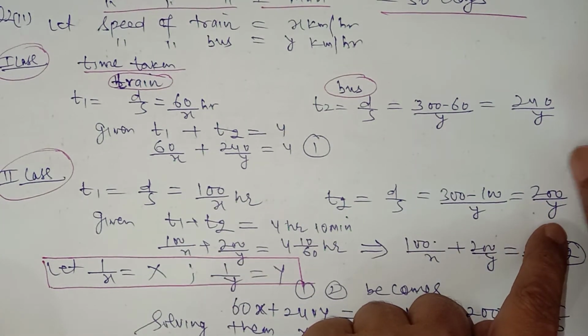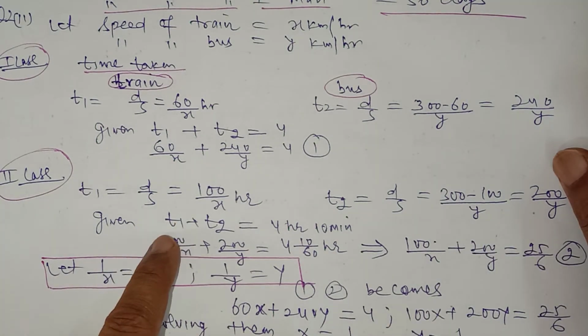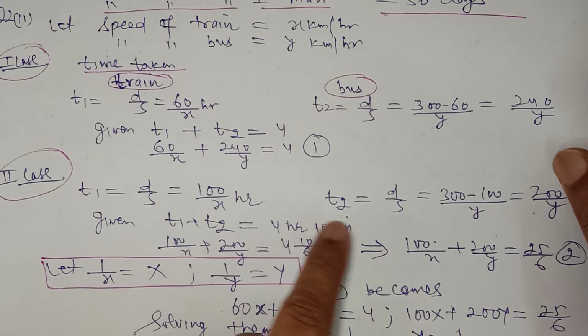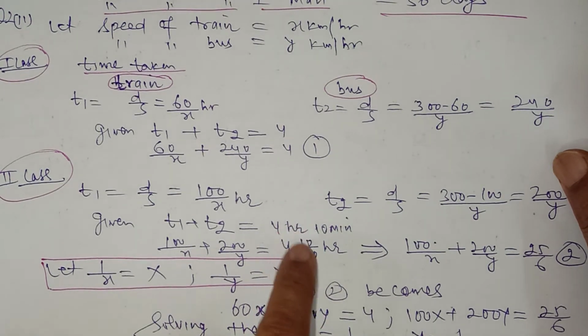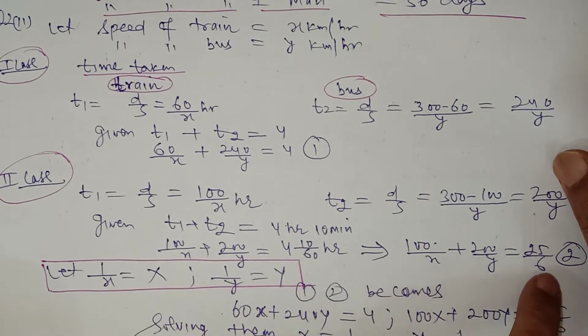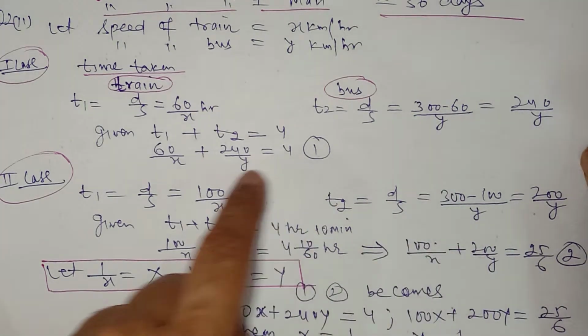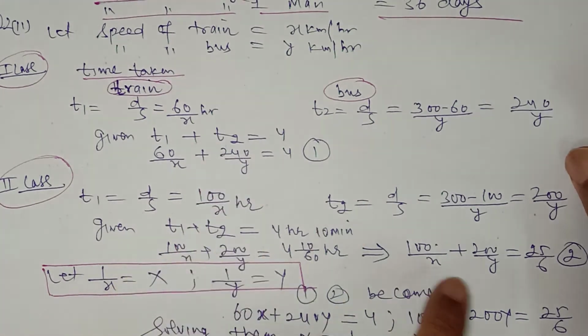The total time is time taken by the train plus time taken by the bus, equal to 4 hours and 10 minutes. Convert 4 hours and 10 minutes into hours: divide 10 by 60, so that is 4 and 1 upon 6, that is 25 upon 6 total time. So this is the first equation, and this is the second equation.